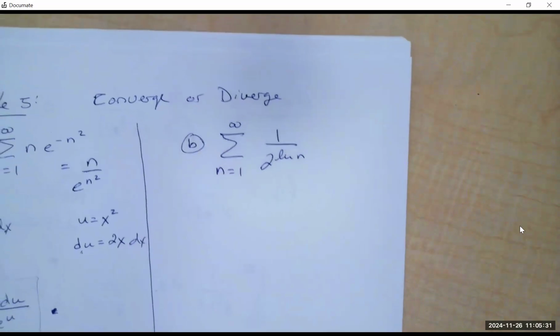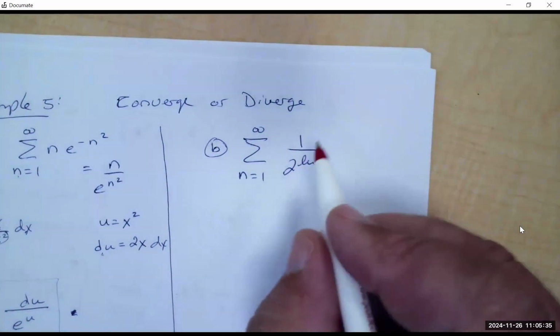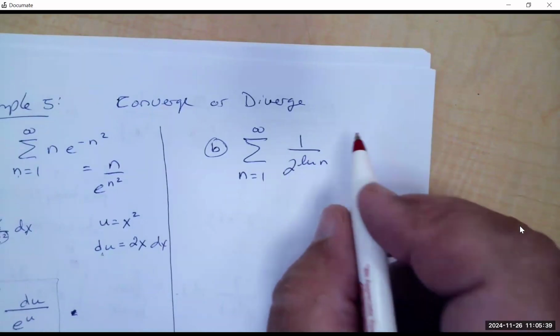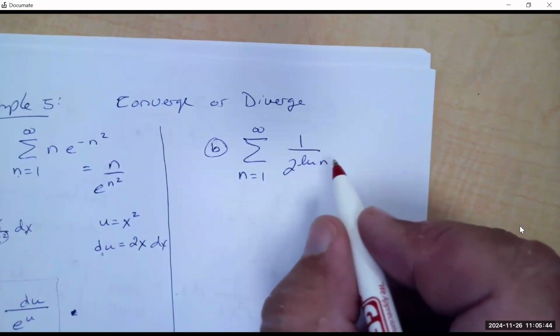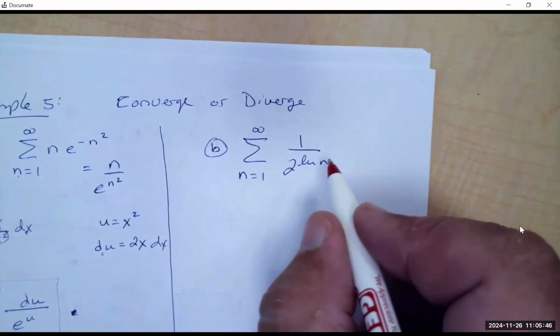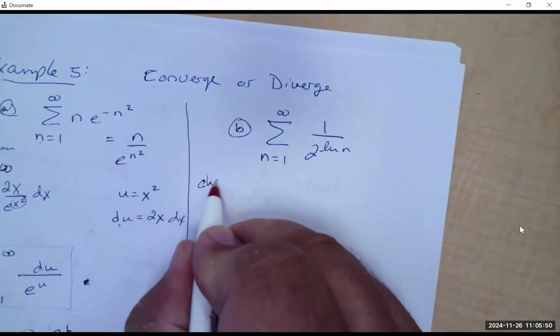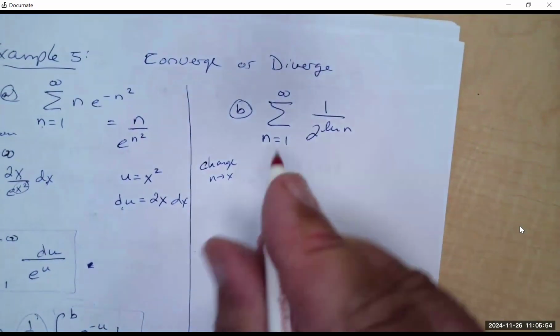Here's the second one. Summation of 2 to the power ln n, or is it ln x? Ln n. Yeah, we have to change n to x for our integral.